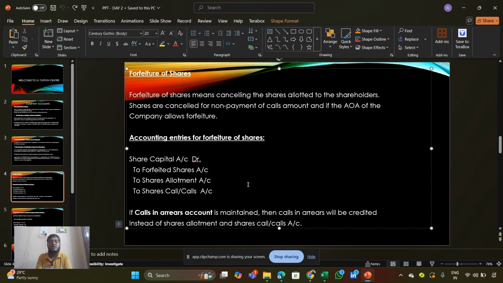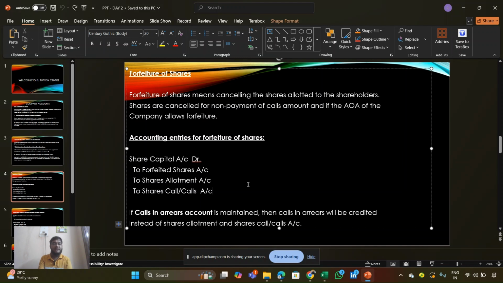Okay. If a calls in arrears account is maintained, for example, calls in advance means we received it before itself. Calls in arrears means we didn't pay the call. Okay, we didn't pay the call and the calls in arrears account is maintained separately. Then the share first and final call won't be there and share allotment won't be there. Instead of those two, directly we will mention the calls in arrears account, and both amounts will be clubbed and put to the calls in arrears account.